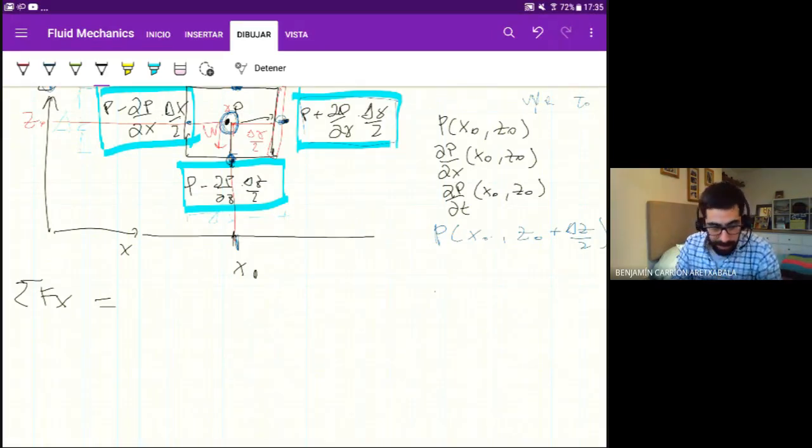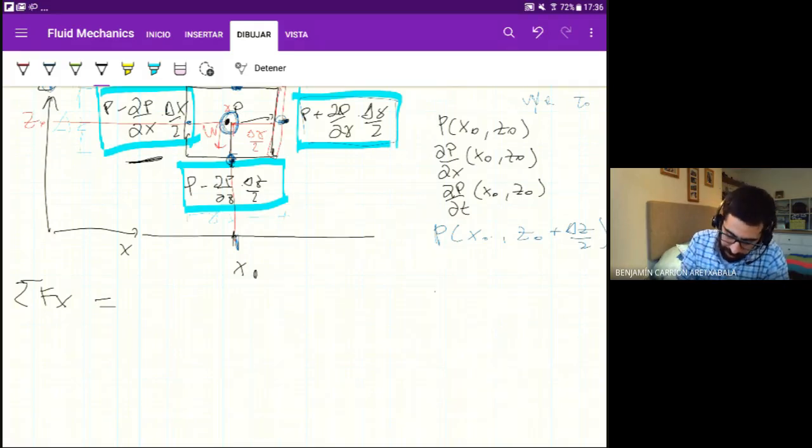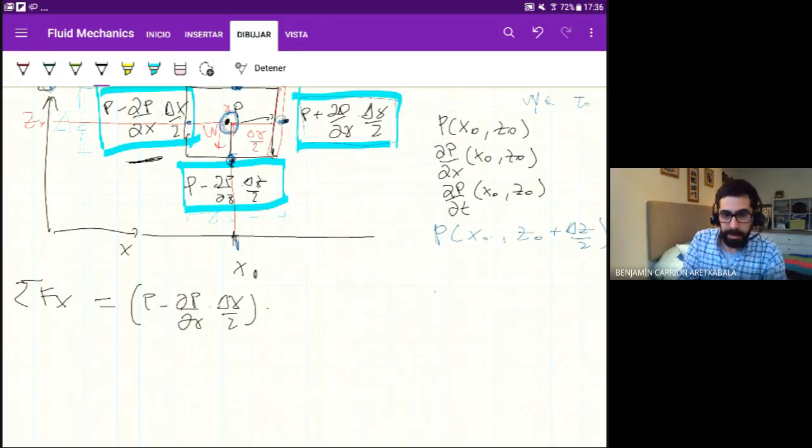Hopefully I will be able to put these equations in this notepad. So going to the right, we have this force here, which is going to be equal to the pressure there, which is P minus dP at dx times delta x half, times the area in which it is acting.